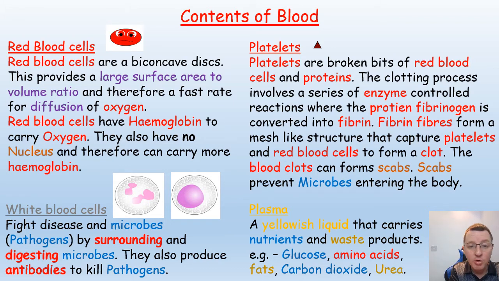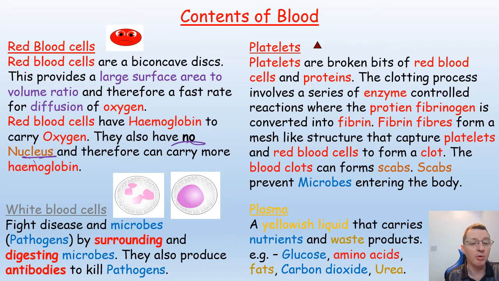Red blood cells also have no nucleus at all, and therefore they can carry more hemoglobin, and therefore more oxygen can be transported around the body. And remember, the oxygen will be utilized by the cells of the body in respiration to release energy in the form of ATP.